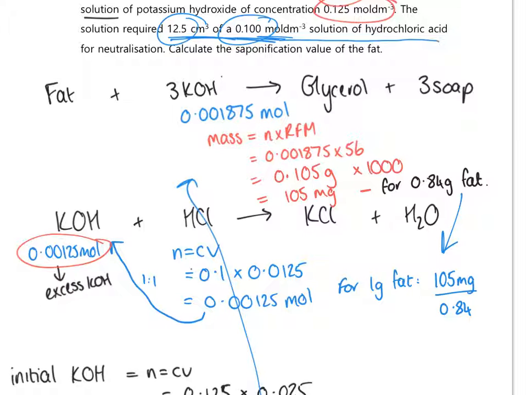That's just coming from the mass of fat given to me in the question. You can times it by 1 if you want, because you want it in 1 gram of fat. That works out as 125 milligrams. So that means that 125 milligrams of potassium hydroxide is required to hydrolyse 0.84 grams of this fat.